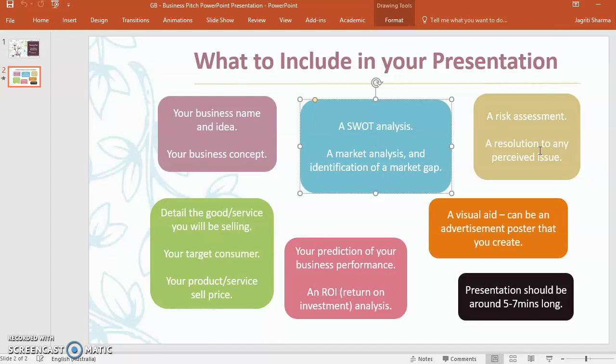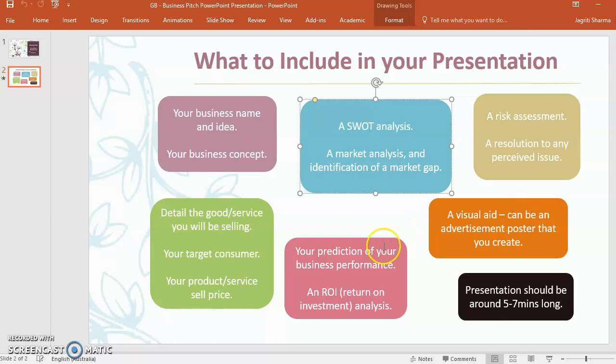A visual aid can be an advertisement poster that you create, and you have to give me some marketing strategy as well. You need to tell me how you're going to market your product, your marketing strategy. We are going to discuss some of the marketing strategies next week, so make sure you're attending that session and going through that video as well.